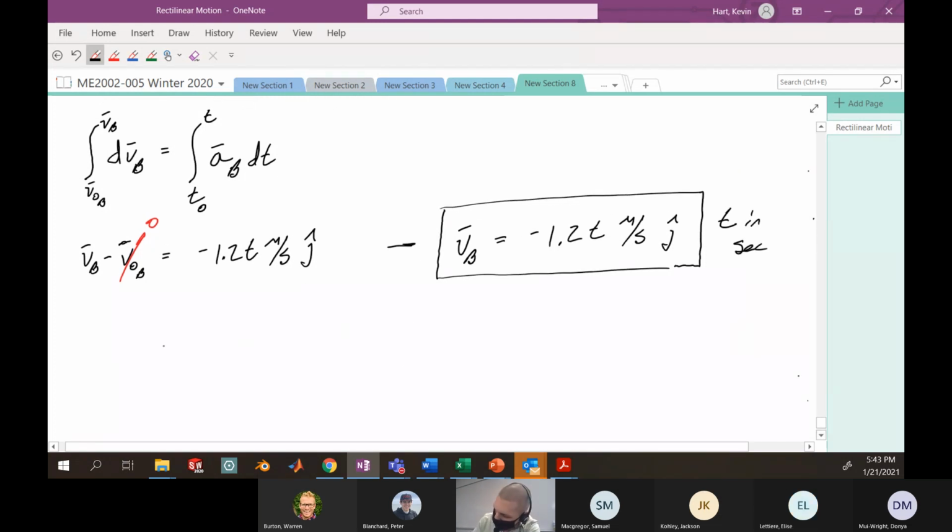One more integration. I'll cut to the chase. Hopefully we're all comfortable with the integration at this point.